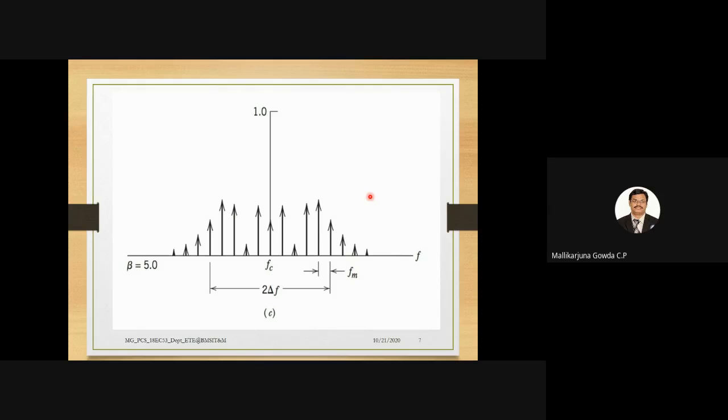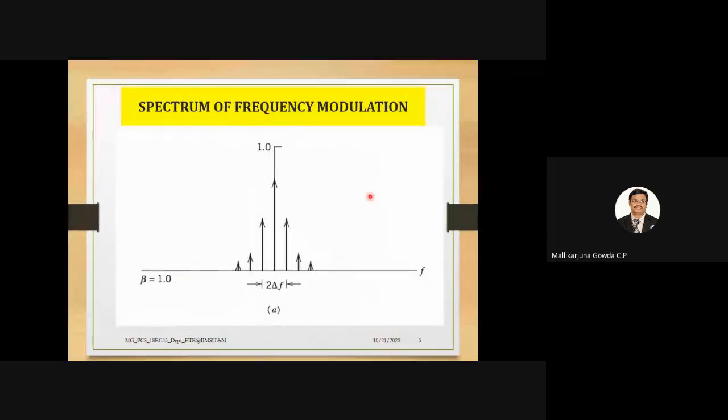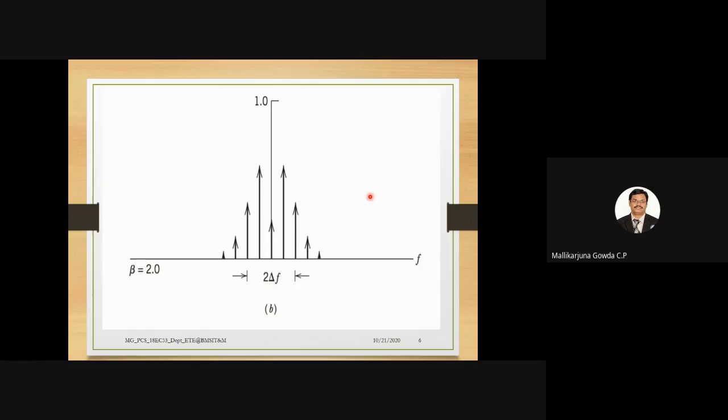What I have shown is keeping the frequency of the message signal constant and varying the amplitude of the message signal. Try to note these things properly, then you will be able to understand the difference. When I keep the amplitude of the message signal constant and vary the frequency of the message signal, what happens? These 3 cases are fine.